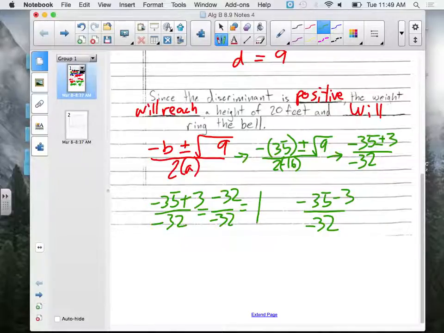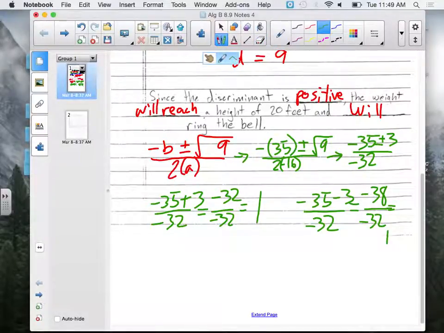Negative 35 minus 3? Negative 38, you're right, and then over negative 32. What does that equal? On your calculator, what's that equal? 1.19, okay.